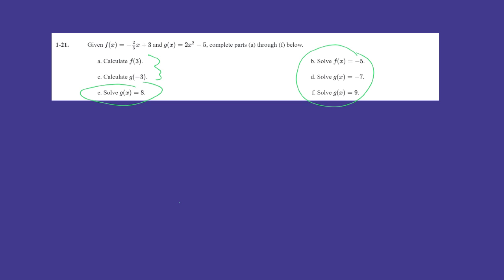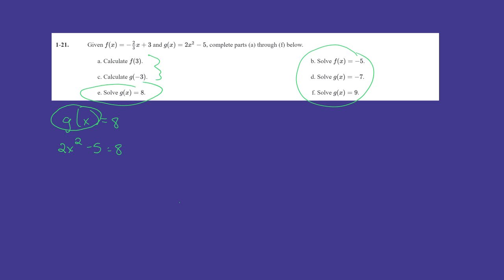And you can graph and find them from graphing, but you can also find them algebraically. So g of x equals 8. That means this function I can substitute in. So I'm going to change it to 2x squared minus 5 equals 8.